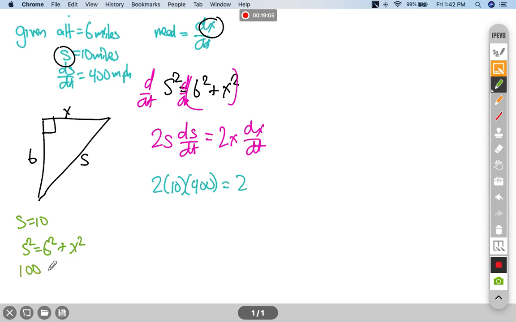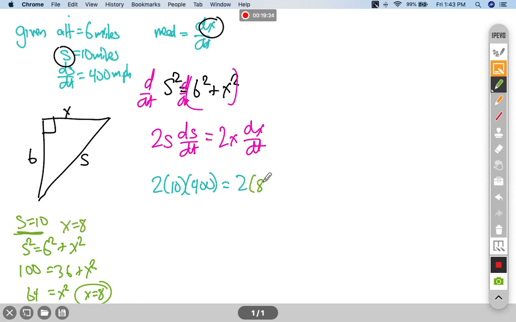So 100 equals 36 plus x squared, so x squared equals 64, so x is going to equal 8. So I know now when s equals 10, x equals 8.